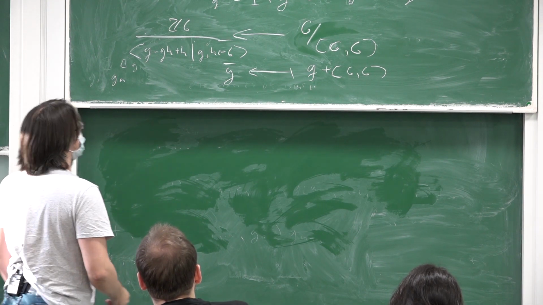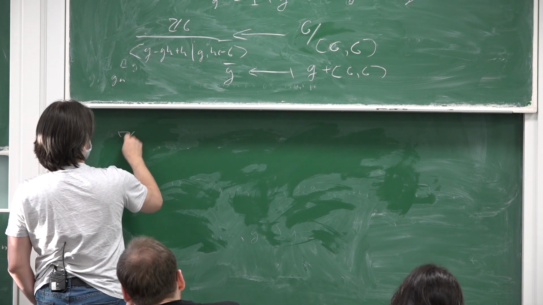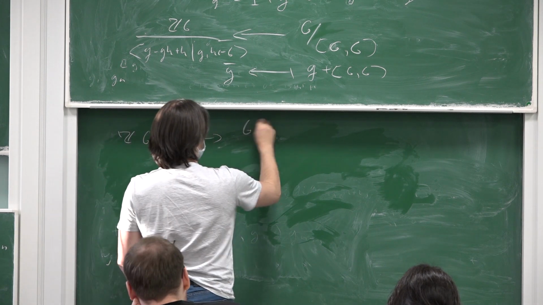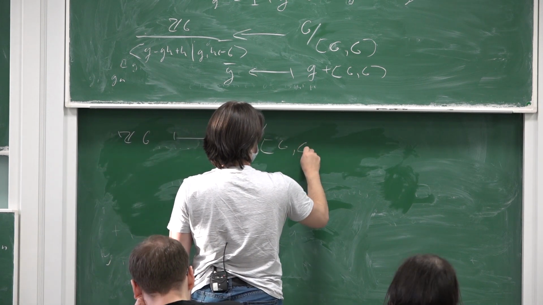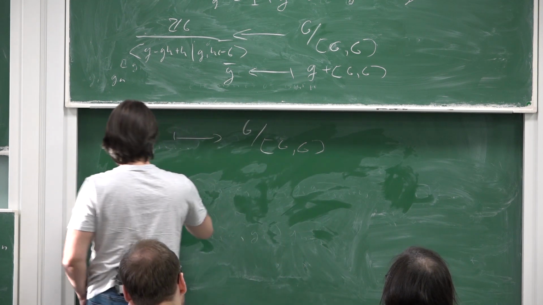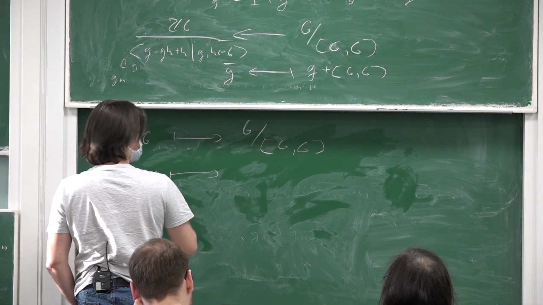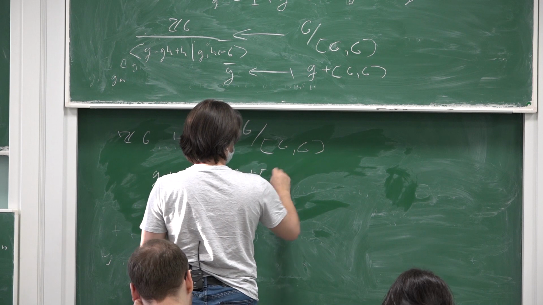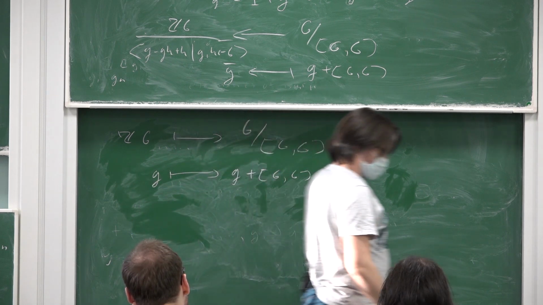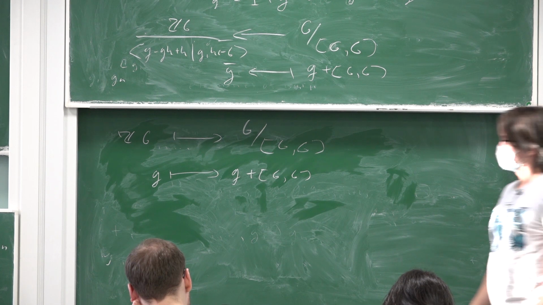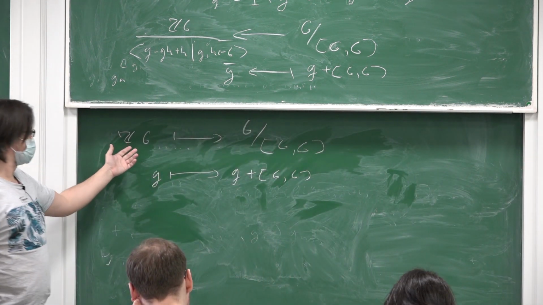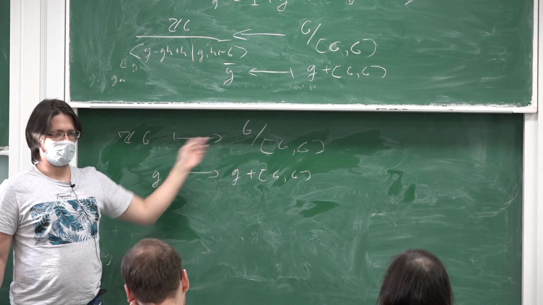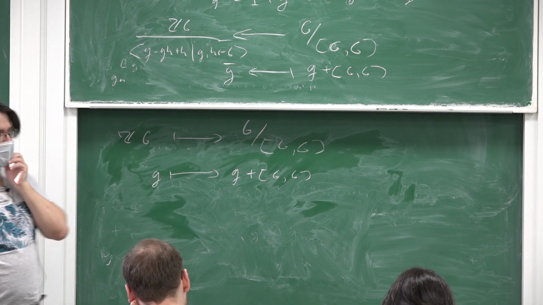Now we have a map from ZG to G factor commutator that sends G to G plus the class of commutator. Because it is simply a free abelian group on generators G, and this group is abelian, so we can make this homomorphism.